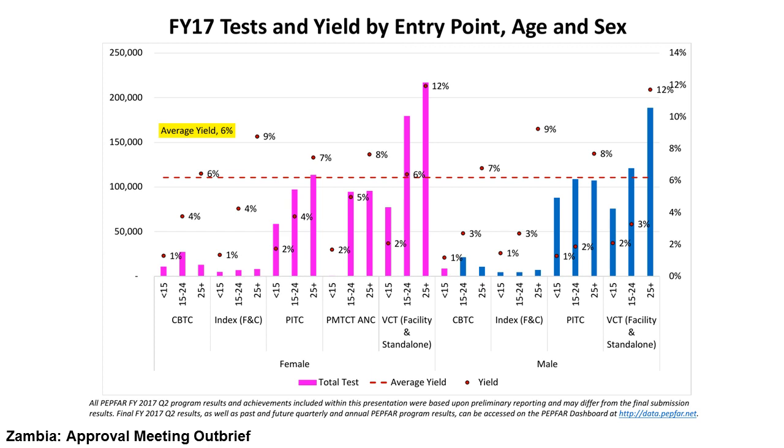The important thing to note here is that they were able in Zambia to disaggregate men and women. So the women are represented in the pink bars, and the men are represented in the blue bars. For each of these different testing modalities, so community-based testing and counseling, index-based testing, provider-initiated testing and counseling, and then PMTCT A&C clinics, and VCT standalone and facility clinics.